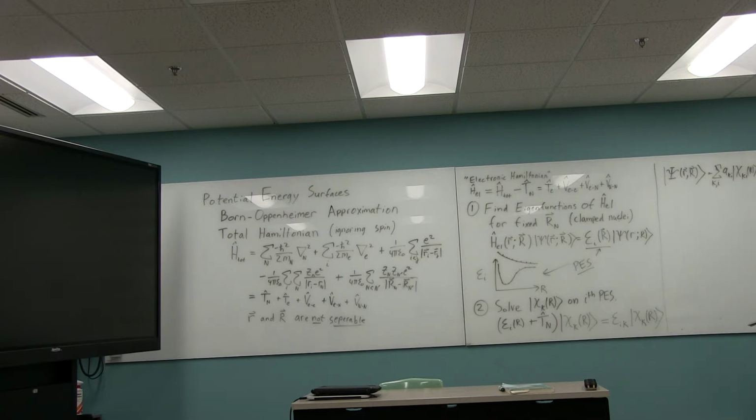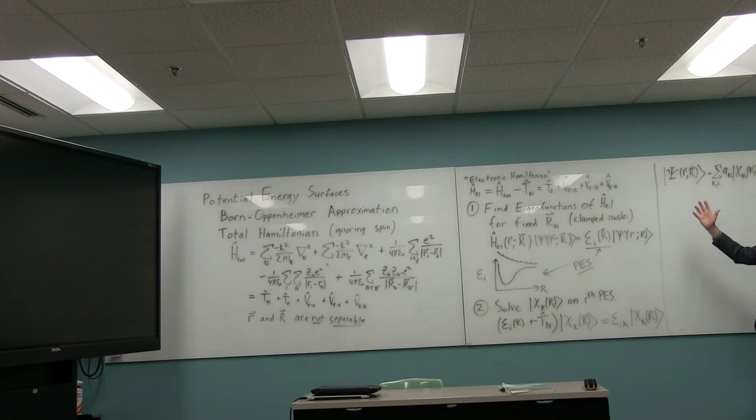Okay, and so then the Born-Oppenheimer approximation essentially amounts to assuming that only one of these coefficients is non-zero and all the other coefficients are zero, right? So you only have one electronic state and one vibrational wave function on that one electronic state, right? If the Born-Oppenheimer approximation is not a good approximation, then you have a wave function that is a linear combination of nuclear wave functions on multiple different electronic states, right?